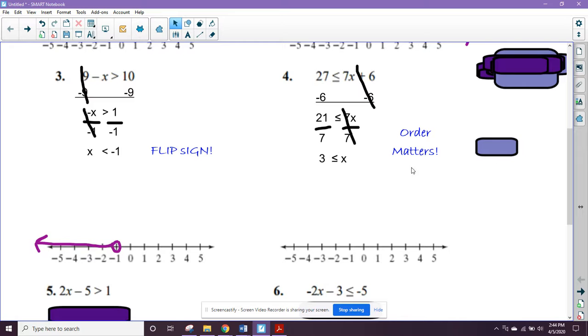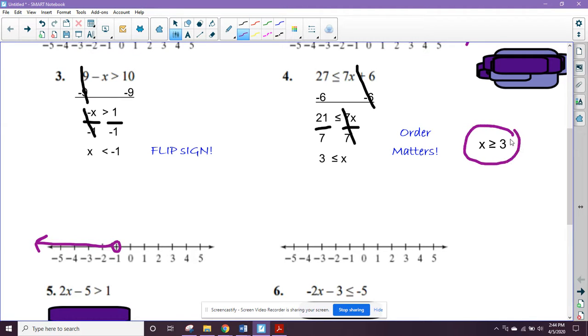Very important. Order always matters. X has to come before the number. So we rearrange it: x is greater than or equal to 3. We will be graphing this one. We start at 3, and it's going to be a closed circle at 3. This is equal to, and our arrow is pointing to the right.